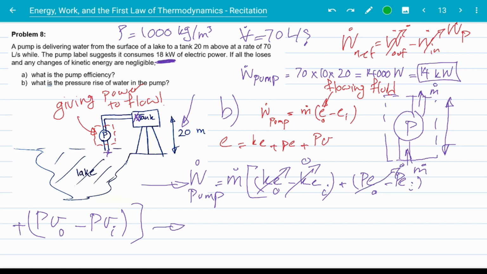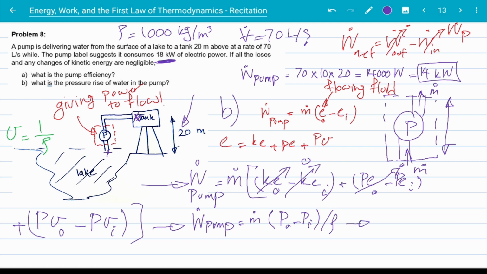Now remember that the specific volume of water is actually the inverse of the density, and the density of water does not change. So I can rewrite this equation as pump power is mass flow rate times P outlet minus P inlet, or P exit minus P inlet, over density. Now, P outlet minus P inlet is the delta P, or the pressure rise that we are looking for.